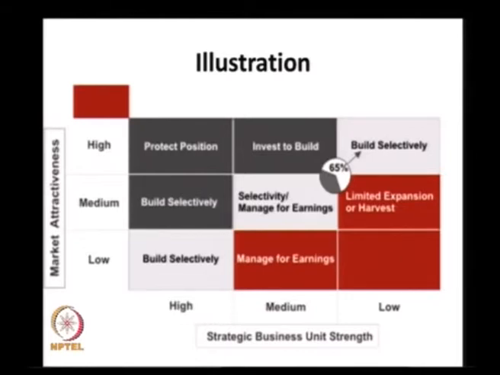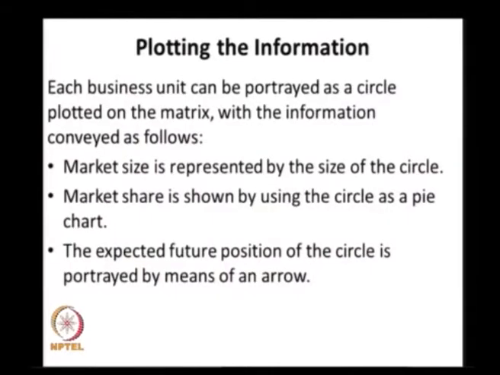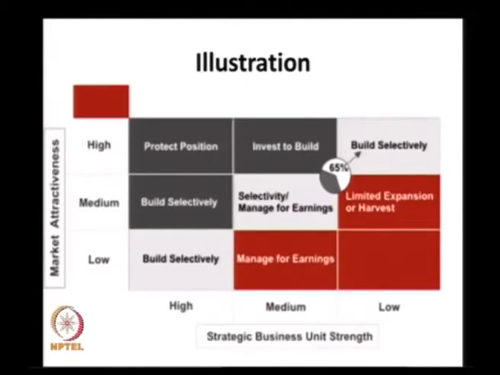Based on the scores, this particular SBU, let us say the circle is, as I said before, the size of the circle represents the market size of that particular SBU, and if it is bigger, it means it is a bigger market, if it is small, it is a small market, and within that market it has 65%, and an arrow pointing towards that. In this case, the strategic business unit strength is low, but the market attractiveness is very high, which means we need to build that unit, selectively build it.